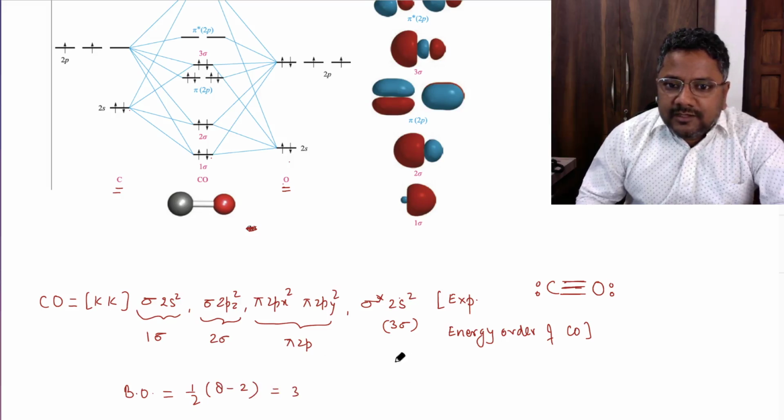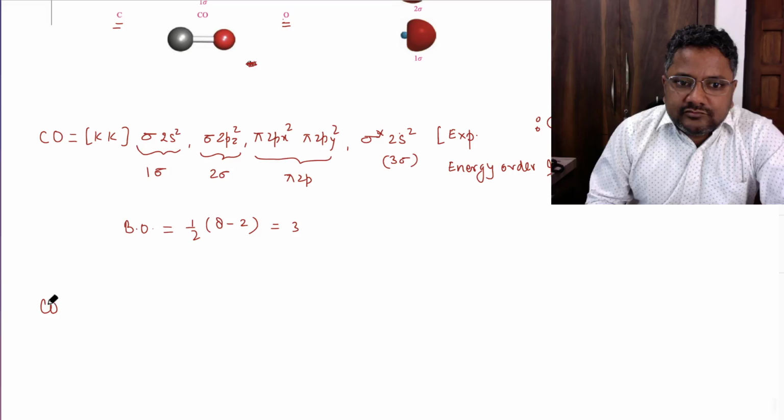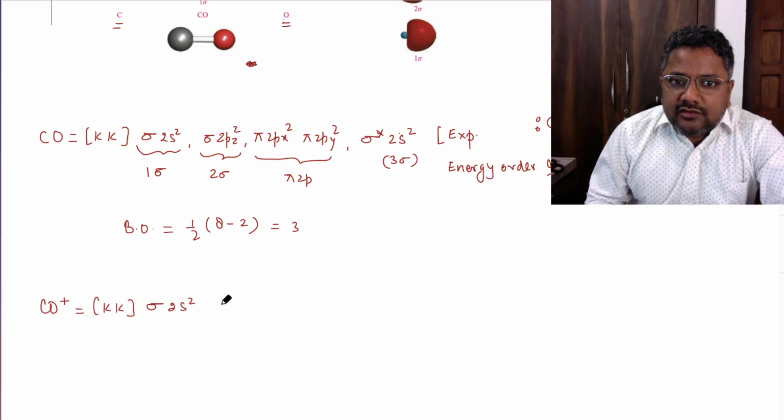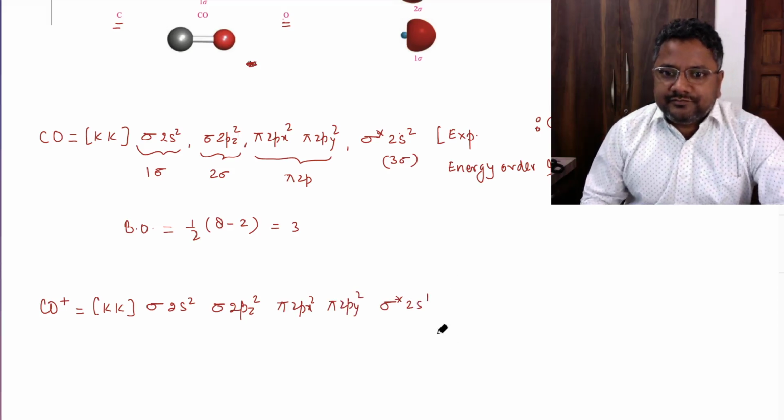is equal to 3. And when you write CO plus, this is equal to KK sigma 2s2 and so on, ending with 2s1, right?